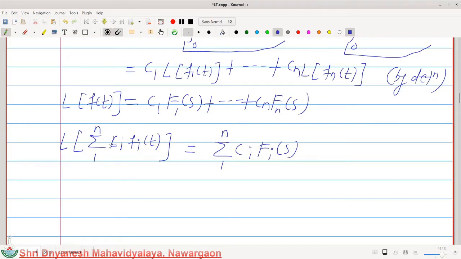So Laplace transform of sum of product of constants and the function fi equals sum of product of constants and Laplace transform of fi, that is capital Fi(s). Okay, so this shows the operator L, that is the operator Laplace transform, follows linearity property. Okay, you take a note of this equation.